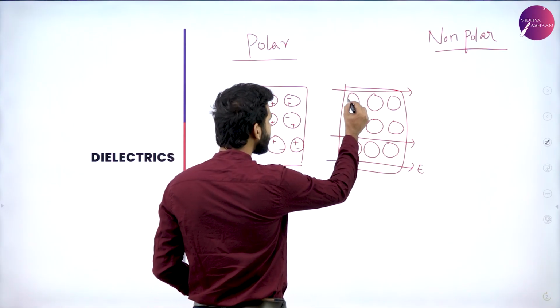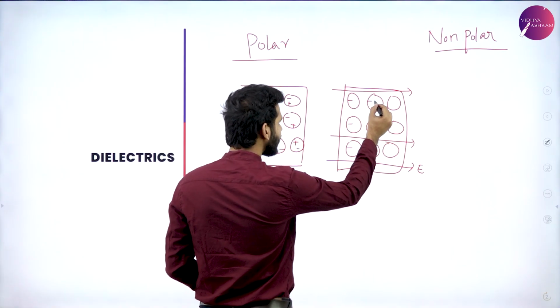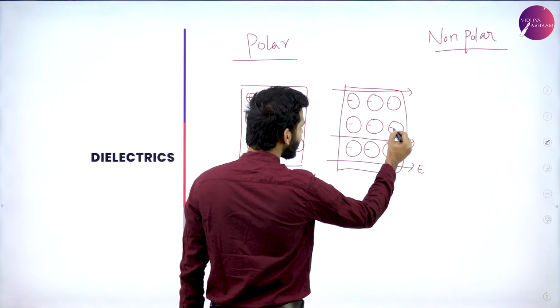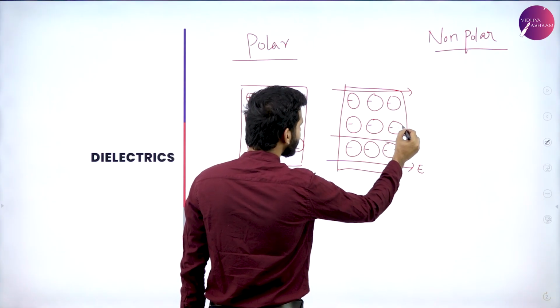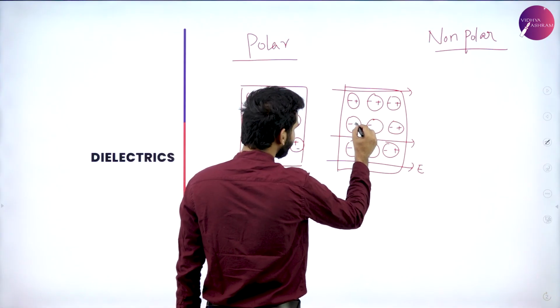So we can say that the negative charges will be arranged opposite to the electric field applied, and the positive charges will be crowded in the direction of the electric field being applied.